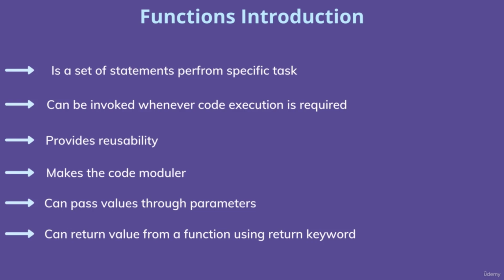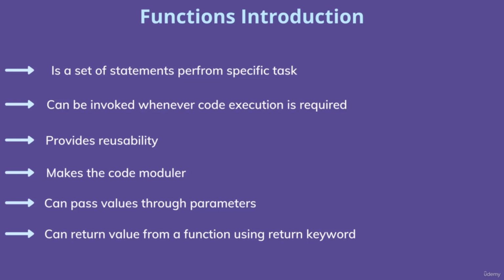For example, if I define a function which adds two numbers, 2 plus 4, it will always give me 6. But if I allow parameters in the function, every time I call that function, I can pass a different value. So my function will be more effective and will be able to give me a better result.